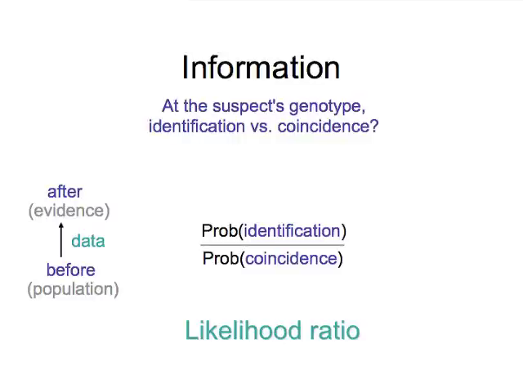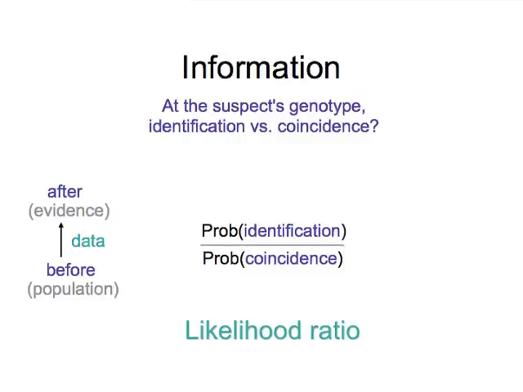After seeing the evidence data, we assess the probability of the evidence matching the suspect, making an identification along with our uncertainty. The probability ratio of an evidence identification numerator divided by a match coincidence denominator is one way of writing down the likelihood ratio.